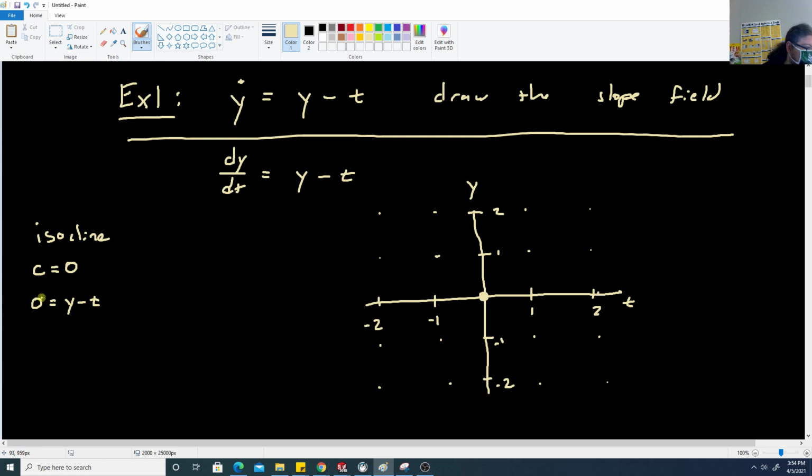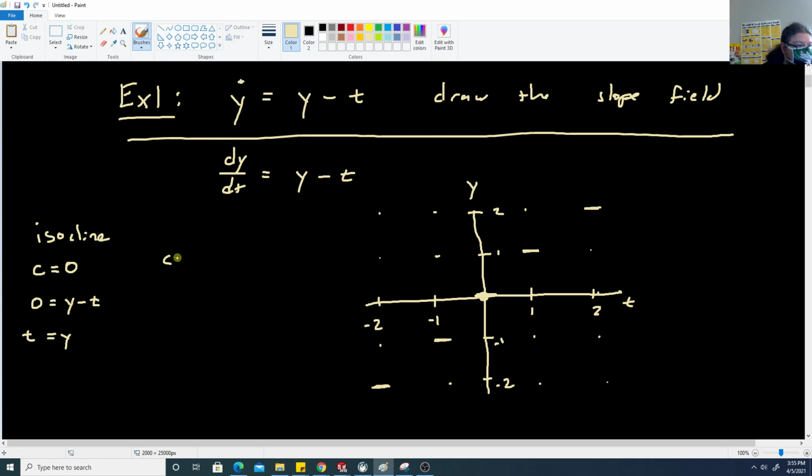If we solve this by adding the t across, we get t equals y. So every point where the t value and the y value are the same has slope 0. Like 1, 1, the t and the y are the same, so we'll draw a little line segment with slope 0. 2, 2 gets slope 0. 0, 0 gets slope 0. Negative 1 gets slope 0. And negative 2 gets slope 0. So this is the isocline for c equals 0.